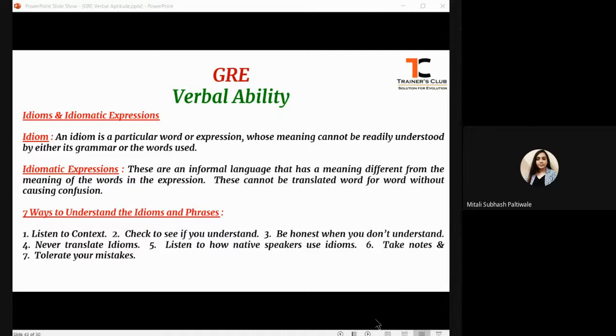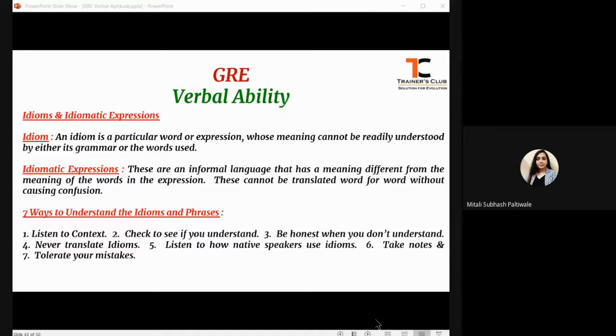You should listen to the context of the phrase or the idiom, not the content of that particular expression. Not the content, because I told you the literal meaning is something different for the word that is being used, but the hidden meaning is entirely a different one. So you should listen very attentively to understand the context rather than the content of that particular expression.